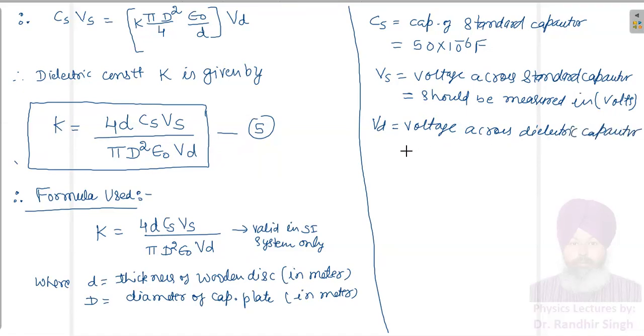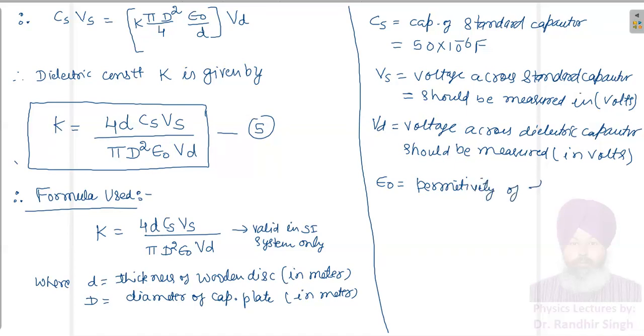We must measure it in the units of volt, because this expression formula used is valid in SI system only. Then epsilon naught is permittivity of free space, and we know its value.